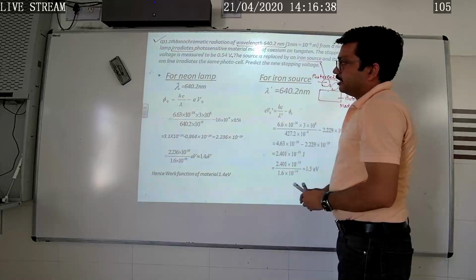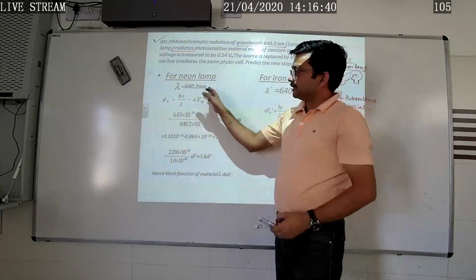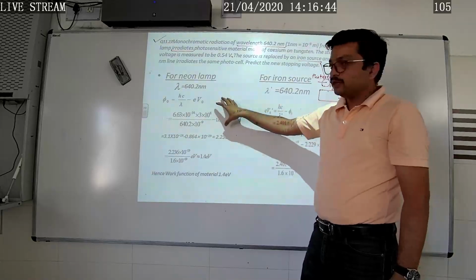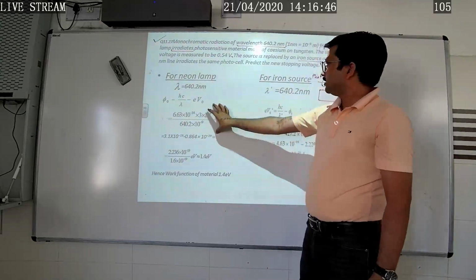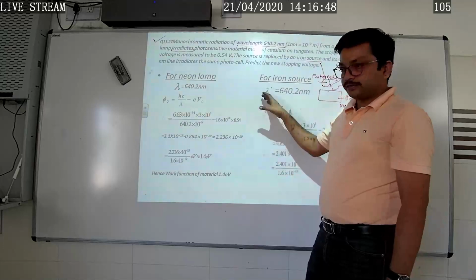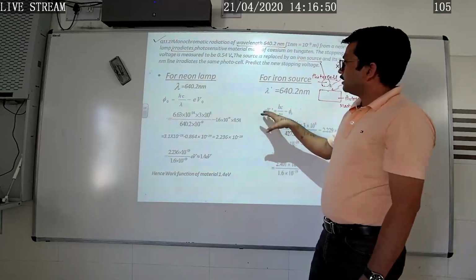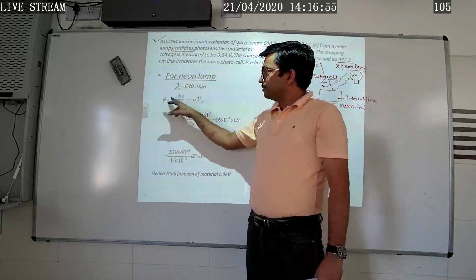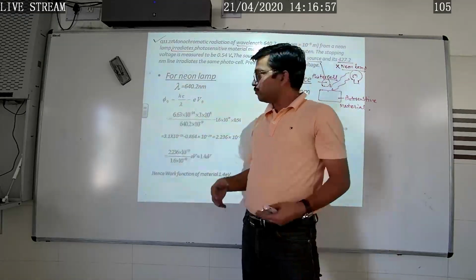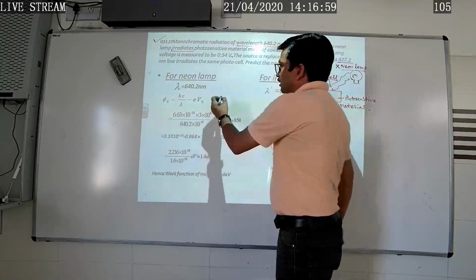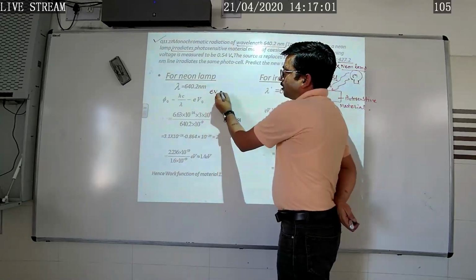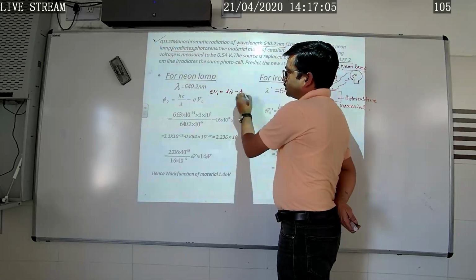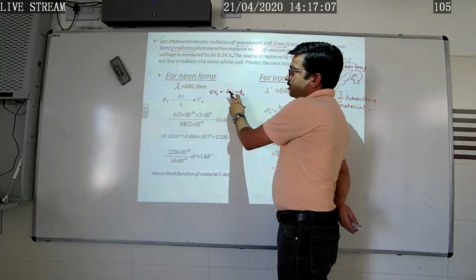So what would happen here? For the neon lamp, the wavelength is given. First of all, we would calculate the work function, because only if the work function of the metal is known can we calculate that particular stopping potential. As we know, according to Einstein's photoelectric equation, eV naught equals h nu minus the work function phi naught, and nu is c by lambda.